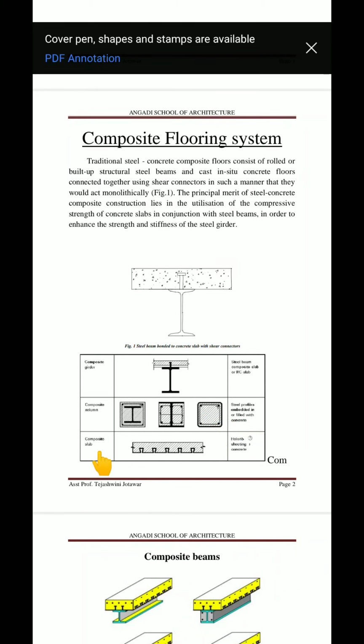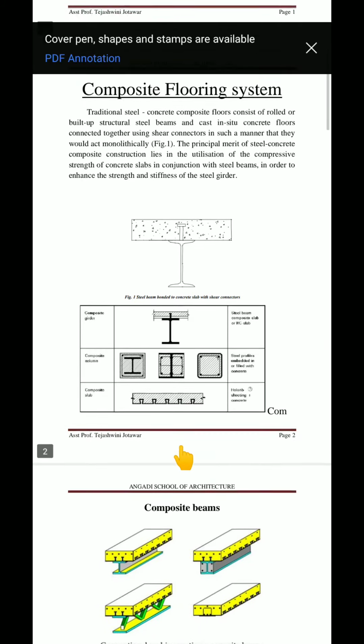Then the third type is a composite slab. Composite slab, in the sense, has a steel profile sheet or plate, and this plate is filled with a concrete layer. These two together act as a composite slab.